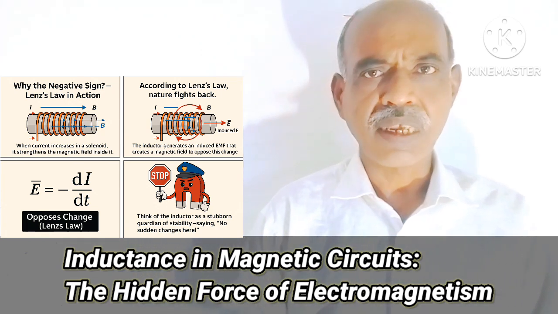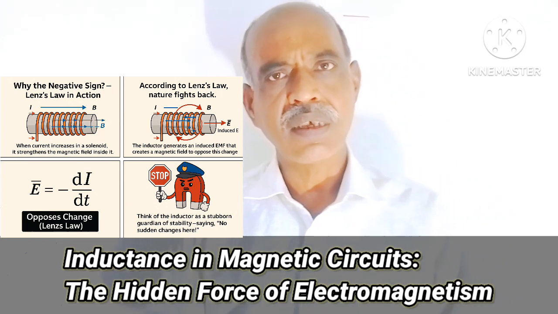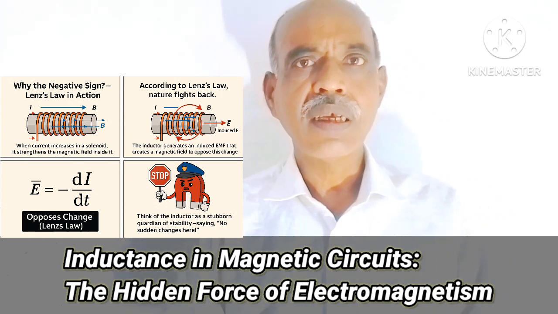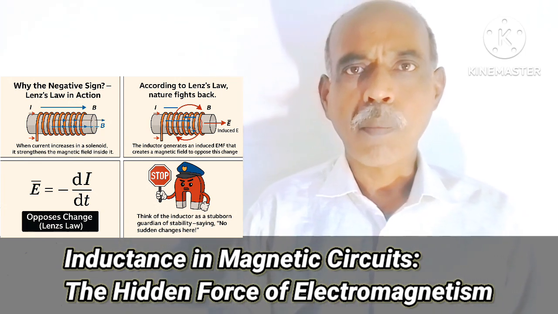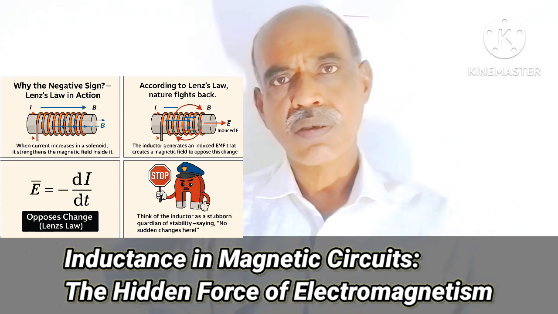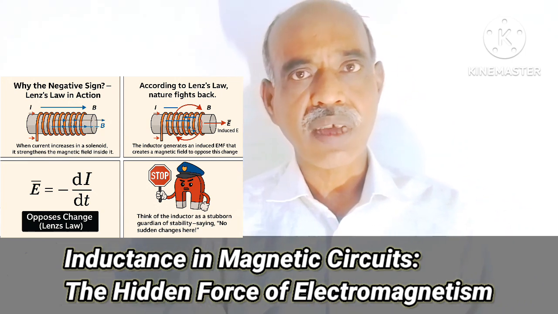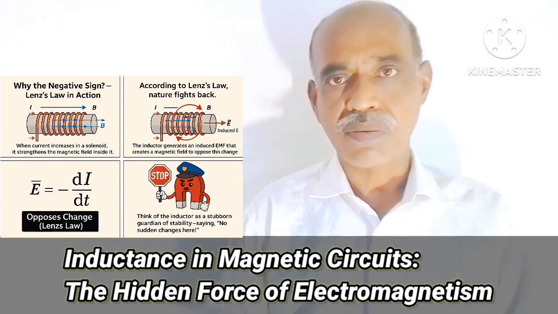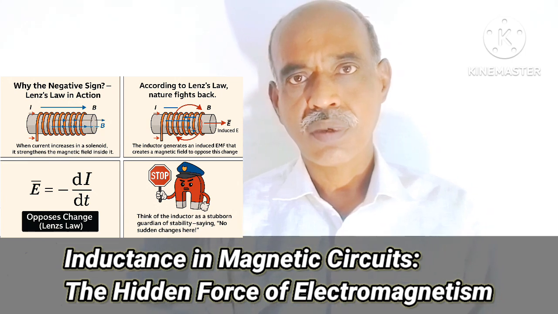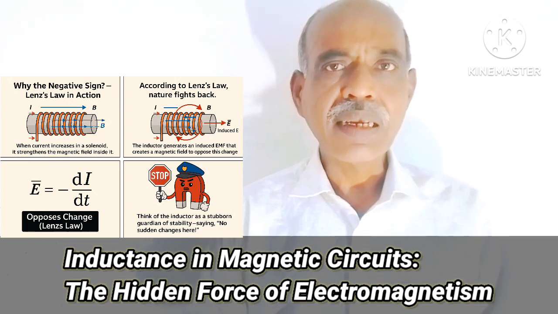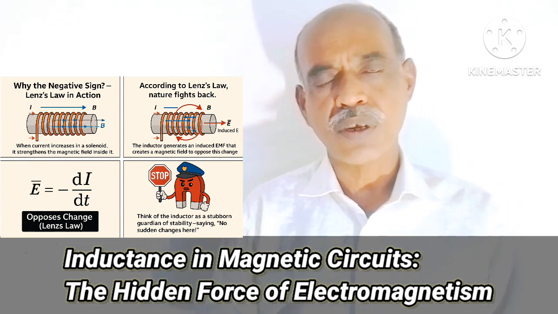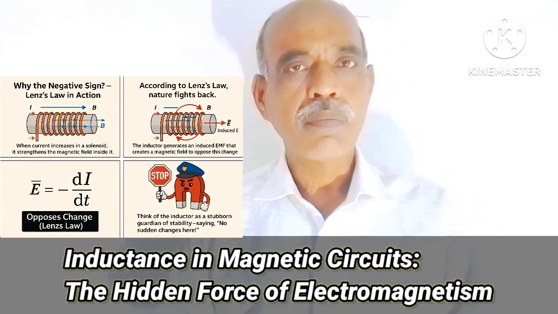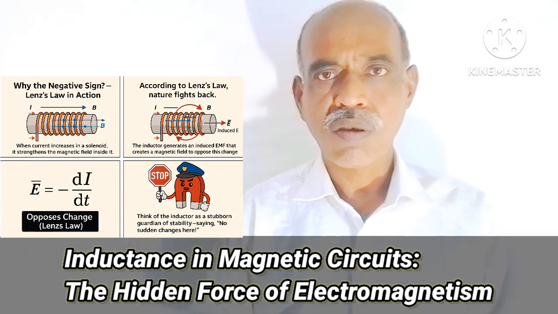Again, one more mathematical expression for inductance is given by E is equal to minus L di by dt, where I is the current, t is the time, and E is the induced EMF. The negative sign is present in the expression for EMF because of Lenz's law.